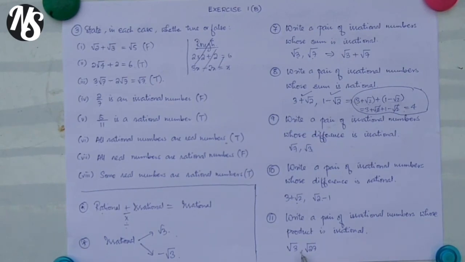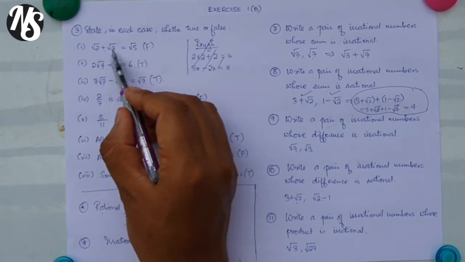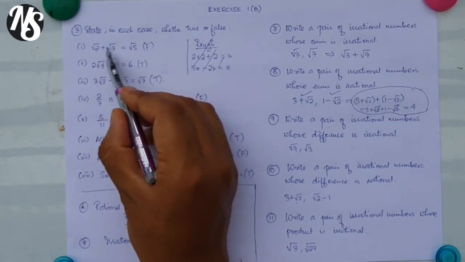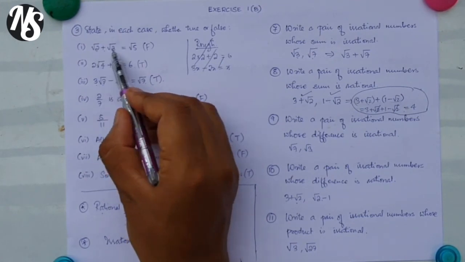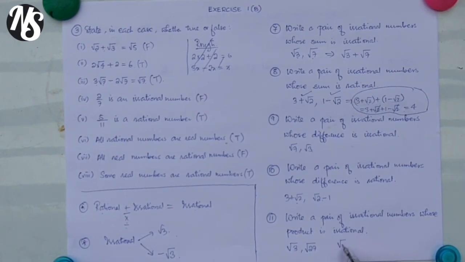Remember, in case of addition you cannot combine the numbers within the square root. But in case of multiplication, let me show you myself. So root 3 into root 27. Let's find the product. In case of product, you can combine the square root, so you can write one square root: square root of 3 into 27.